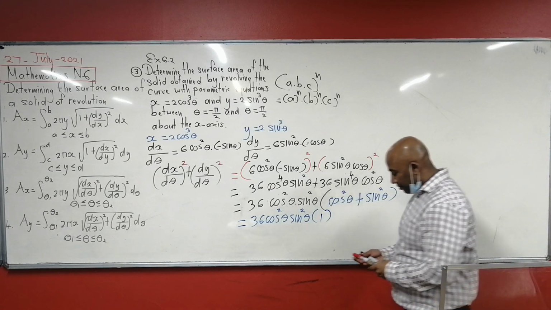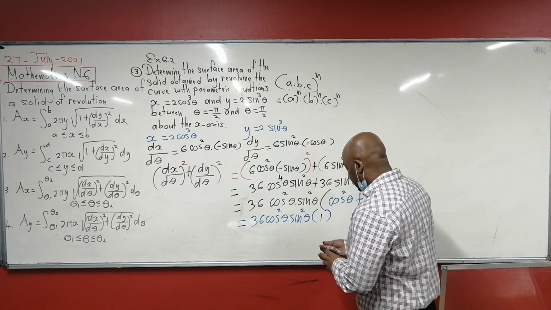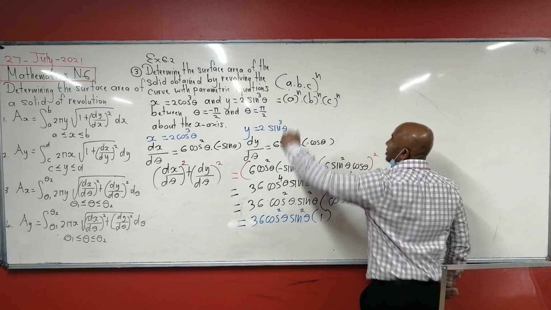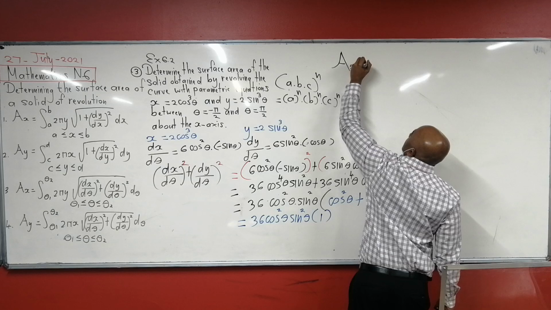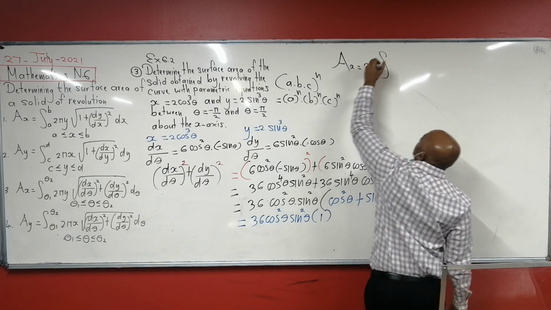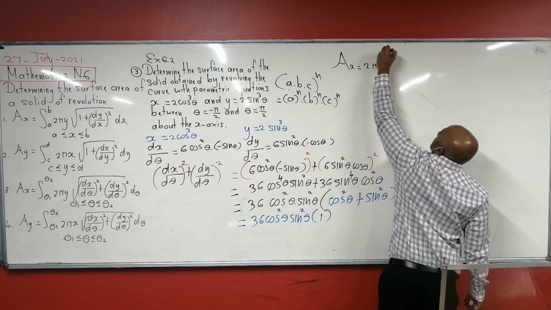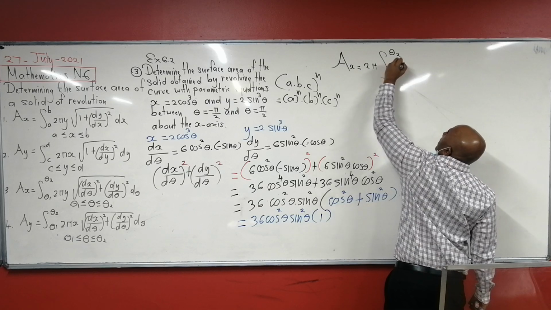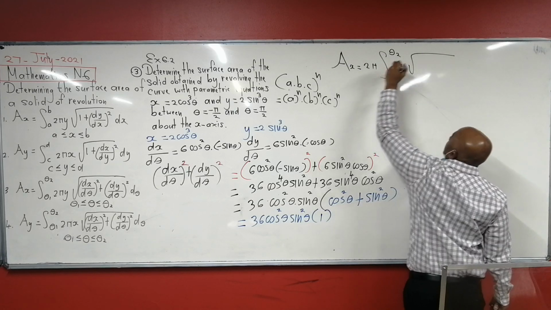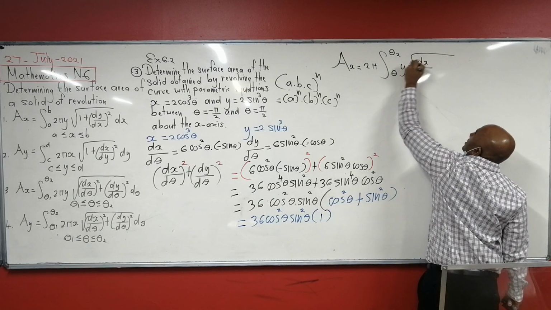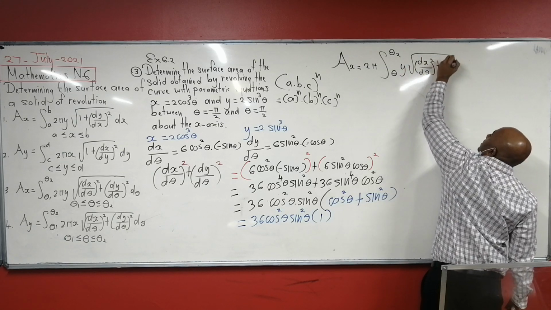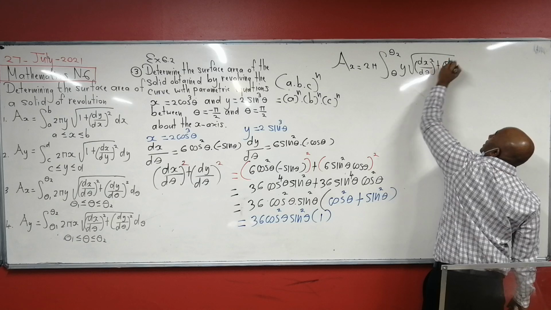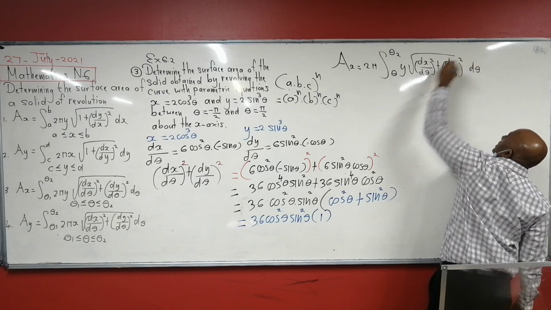Alright, so now let's write down the formula and then substitute. So we are rotating about the x-axis, so that's going to be 2 pi, integral from theta 1 to theta 2, y times the square root of dx over d theta all squared plus dy over d theta all squared, d theta.